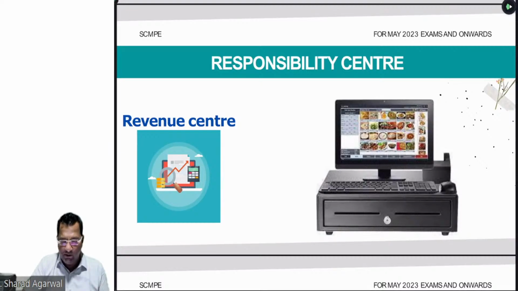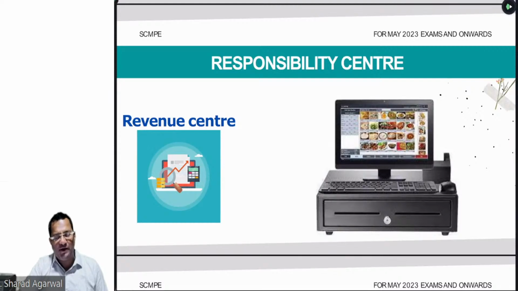Now, please tell me, beta, what is the next best real life example of a department that can be a revenue center? I'm waiting for your answers. Yeah, selling tickets in PVR is definitely a revenue center. Any other example, beta, apart from the ticket counter? Now this theme is over.